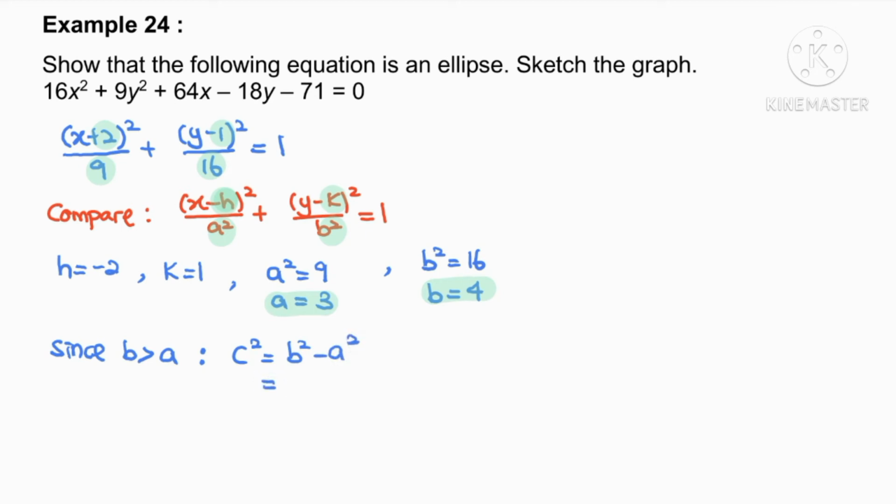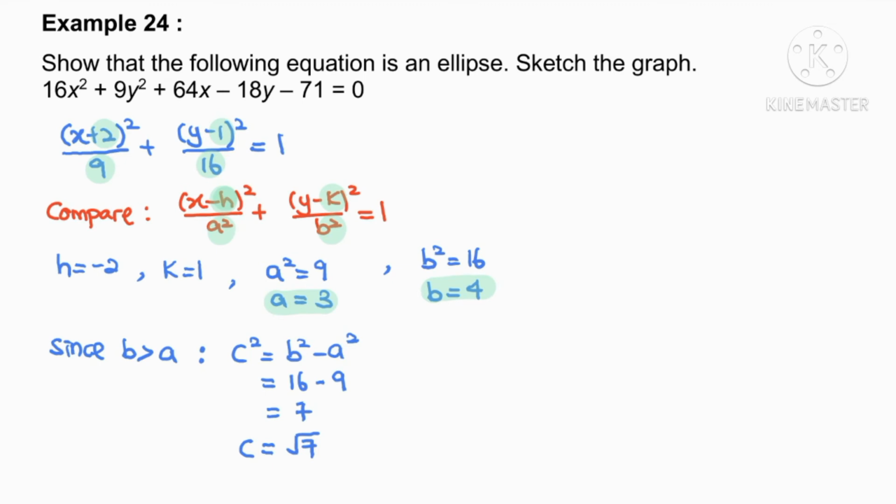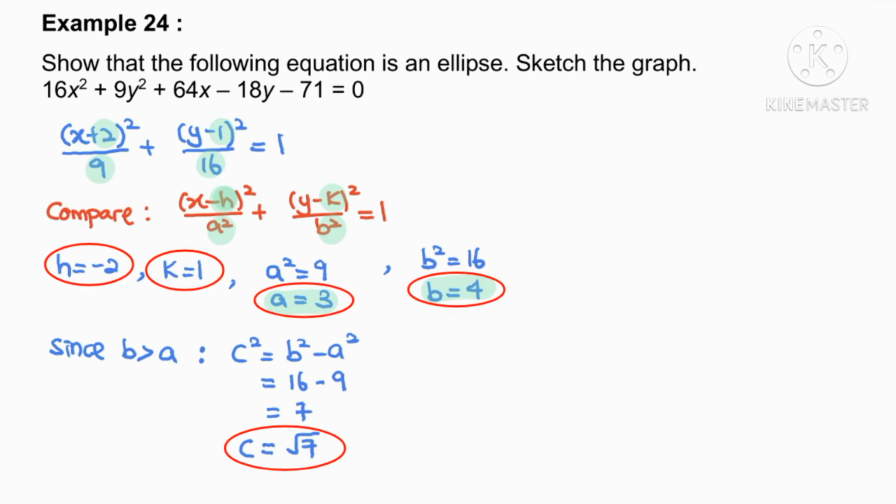So b squared is 16 and a squared is 9. So 16 minus 9, we get 7. The value of c is the square root of 7. After we identify the values of h, k, a, b, and c, now we can find the center, vertices, and foci. For your information, the value of b is greater than a. So this means the ellipse has a vertical major axis.